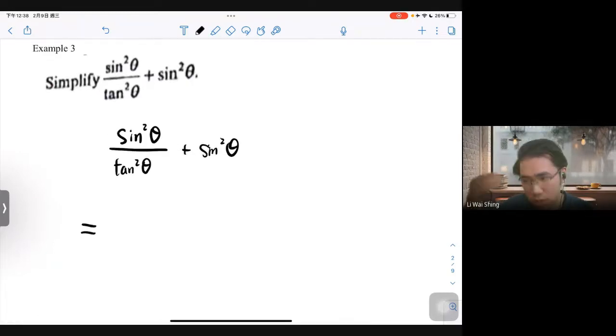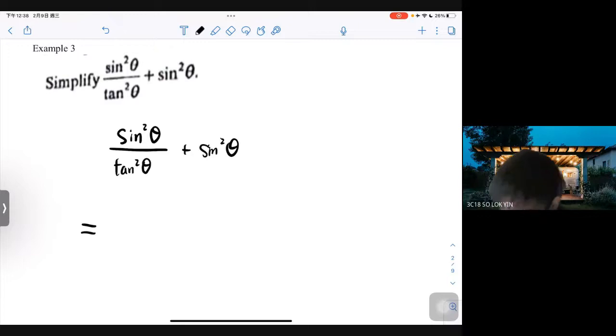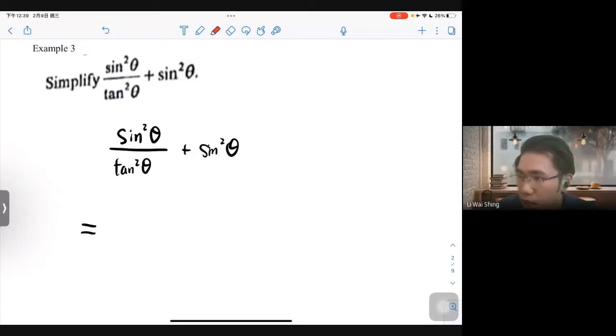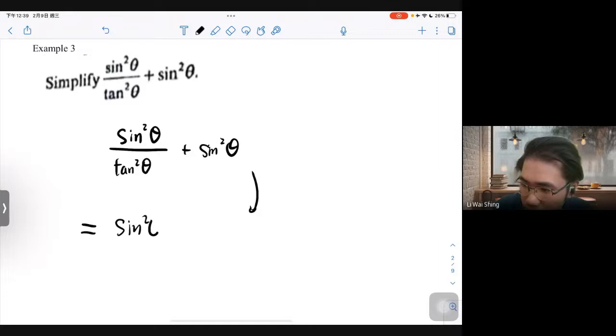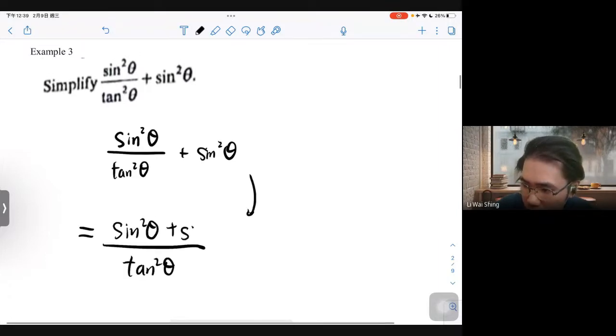When you are simplifying this, you are asked to simplify this. The sine square theta, you need to make it a fraction, that is, multiply by the tangent square theta. Okay, yes. So the first step, you find a common denominator, right? Yes. Okay, so common denominator. So you will have this result here.